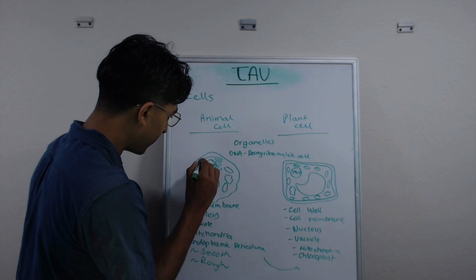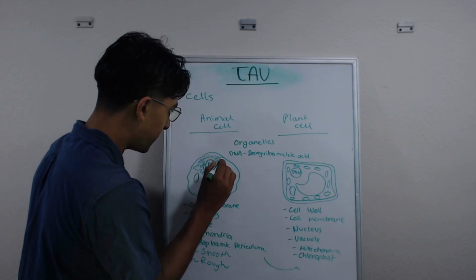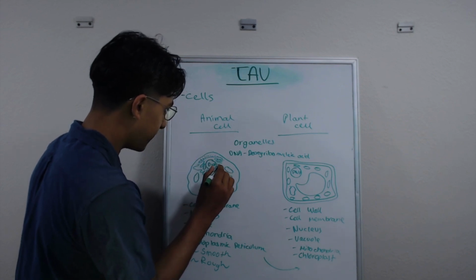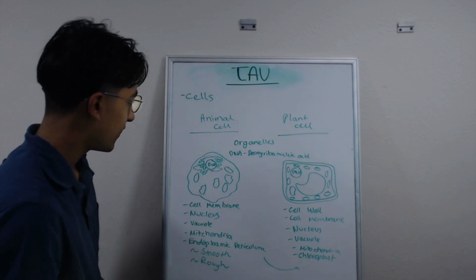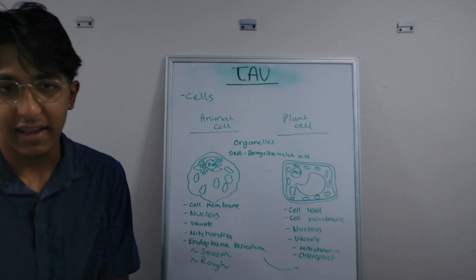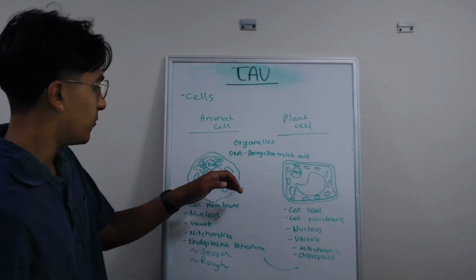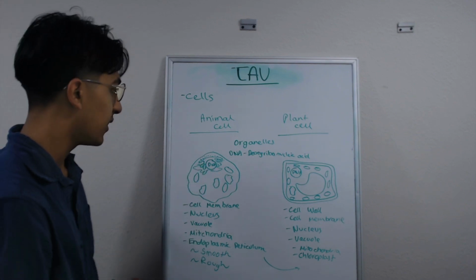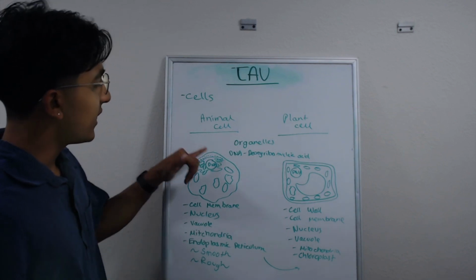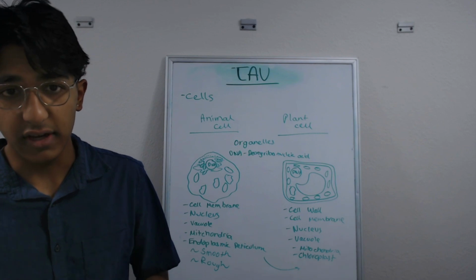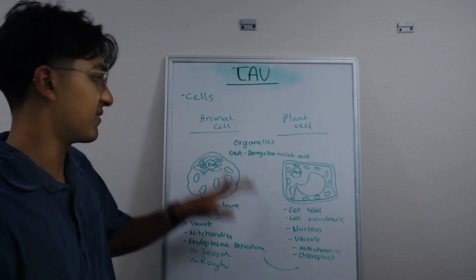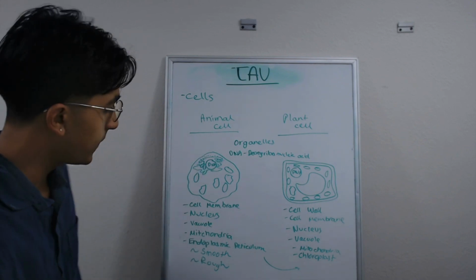One of these endoplasmic reticulum has a bunch of bumps along its surface. Can you guess which type it is? Yes, that is the rough endoplasmic reticulum. And the one without bumps is the smooth endoplasmic reticulum. Each of these ones have their own functions, but we'll get to those functions a little later on once we've covered all the organelles, right?